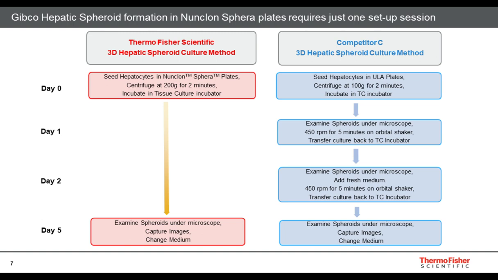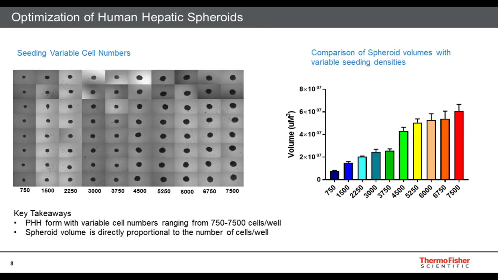And as I mentioned on the earlier slide, we basically thaw, count, and seed, and then leave the plates alone for the human hepatocytes until day 5, until the first media change. Other commercially available systems require substantially more manipulation of the cells, pulling them in and out of the incubator multiple times to do this. So just increased risk and more work, but just a comparison of the workflows.